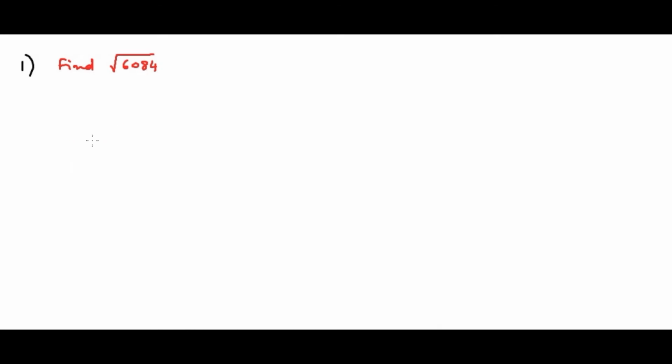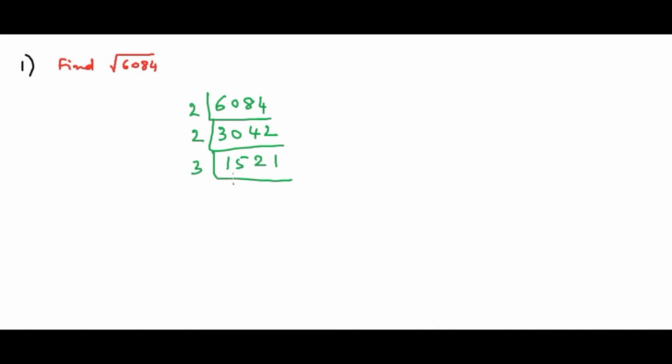Find the square root of 6084 by using the factorization method. Let us see what it means. Here 6084, let me factorize this. 2 times 3042, again 2 times 1521.